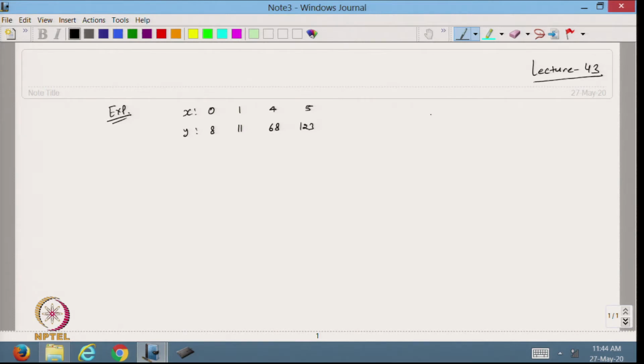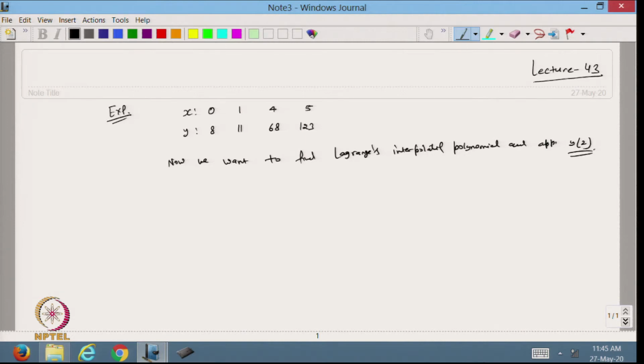Now we want to find the Lagrange interpolating polynomial and approximate y at 2.